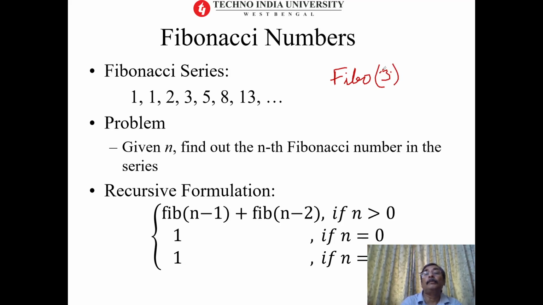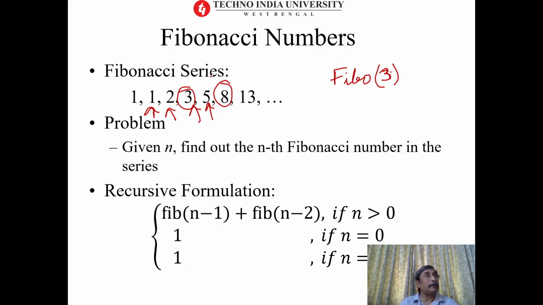So what do we do? I go to Fibo 2, which is 2, and Fibo 1, which is 1. I just sum them up and I get Fibo 3, which is 3. So if I want Fibo 5, I just go to Fibo 4 and Fibo 3 and I sum them up and I get Fibo 5.